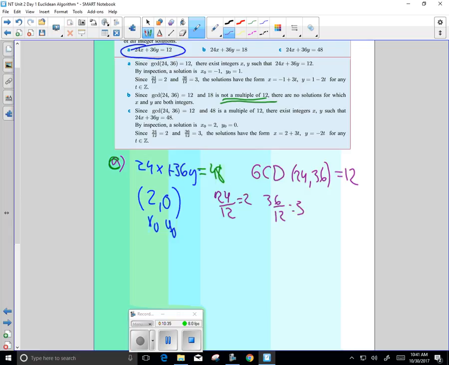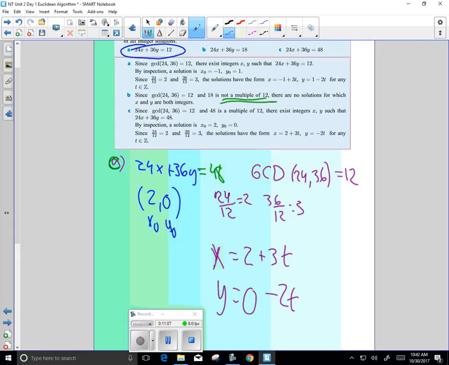So this one, x is going to be equal to 2 plus 3t. And then this one is going to be 0 minus 2t. I think you can reverse them. I'm pretty sure you can. Be worth proving, but yeah, I think you can.